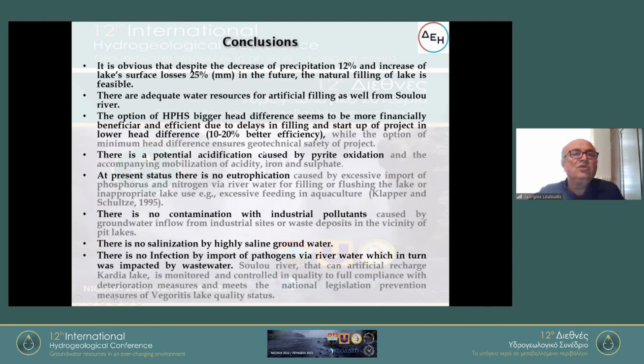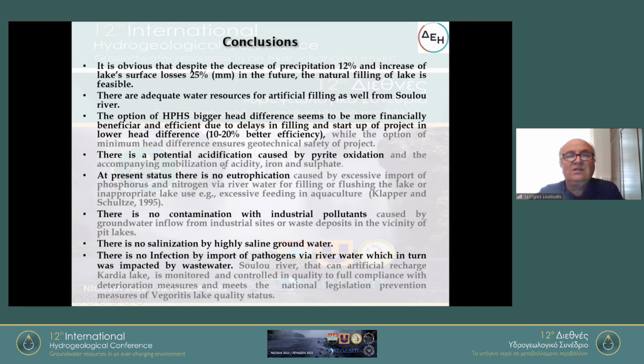Coming to the conclusions, it is obvious that despite the decrease of precipitation in future and decrease of the lake's surface losses in future, the natural filling of the lake is feasible. There are adequate water resources for artificial filling as well from the Sulu River. The option of PHS with bigger head difference seems to be more financially beneficial.